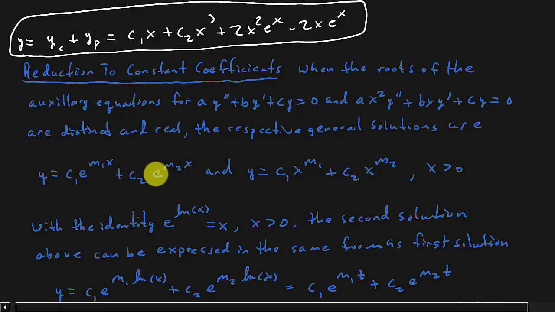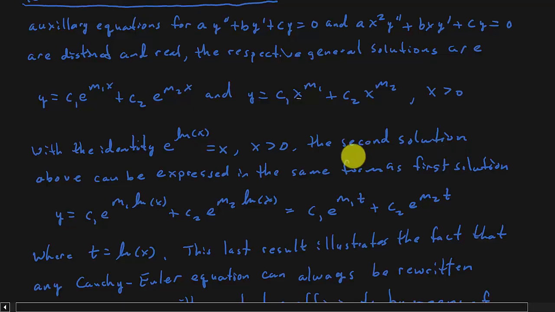And for this one, we just went over, your solutions are going to be in this form, x to the m1 plus x to the m2. So with the identity e to the natural log x is equal to x, where x is positive, the second solution above can be expressed in the same form as the first solution.